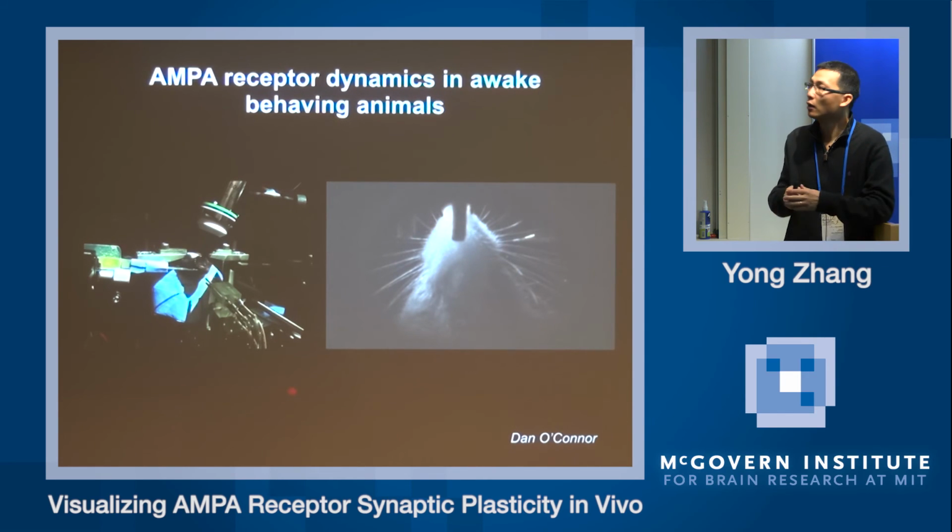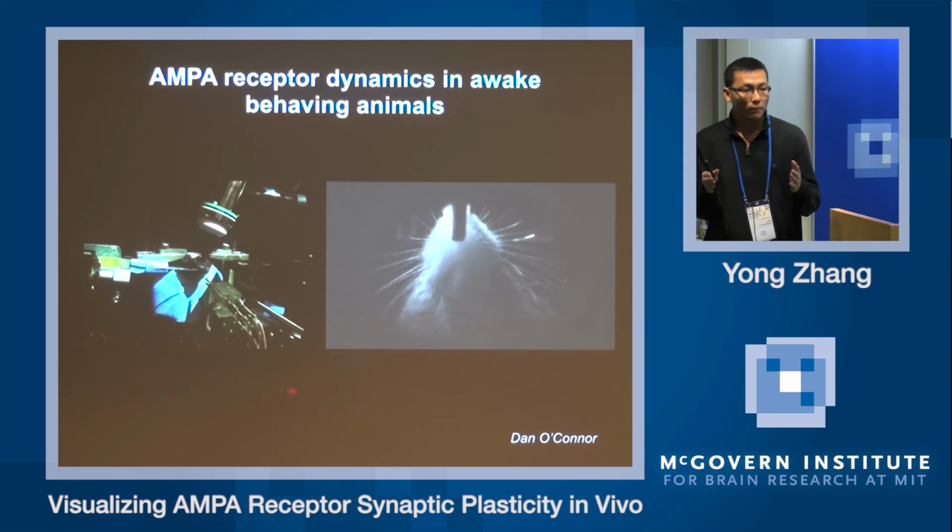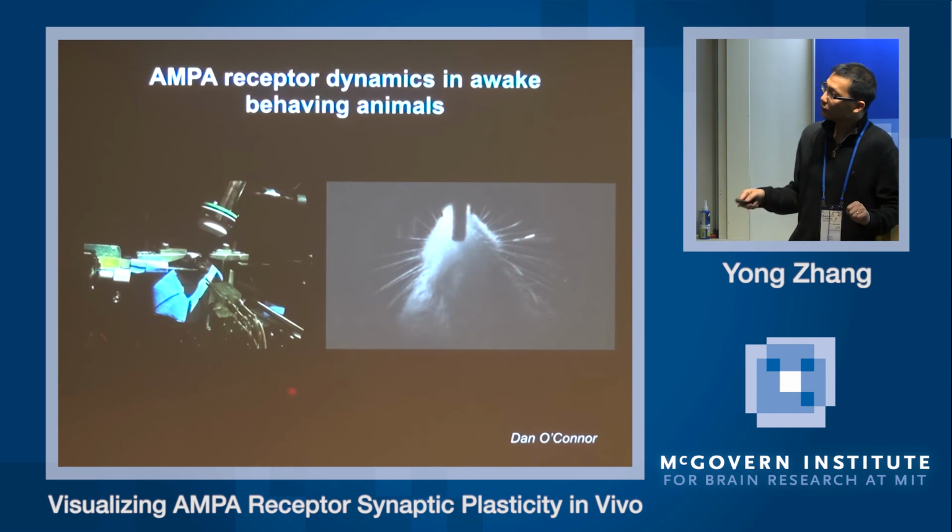Then we do a licking period. There is a metal spout within reach of the tongue of the mouse. If the animal licks, the spout will deliver a drop of water, and the animal will get the water reward. We do two licking sessions. Then we do what we call discrimination.